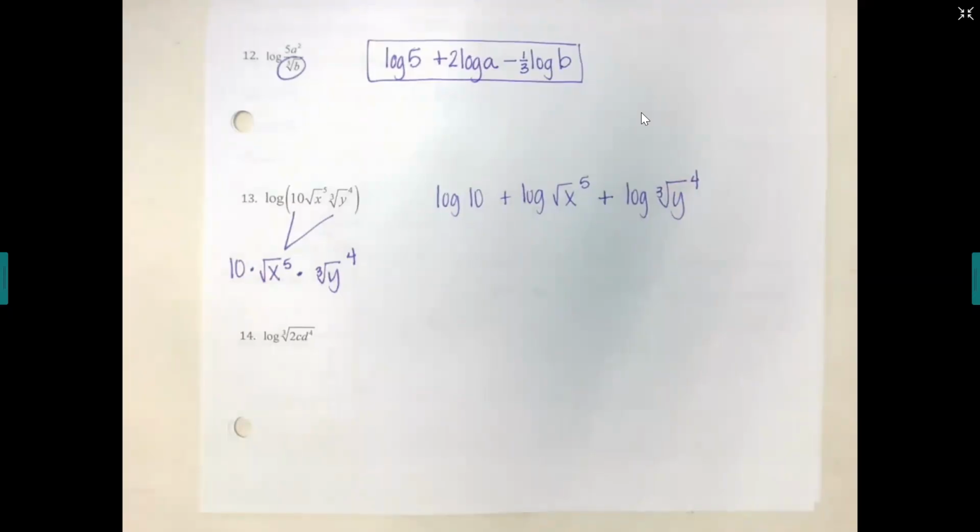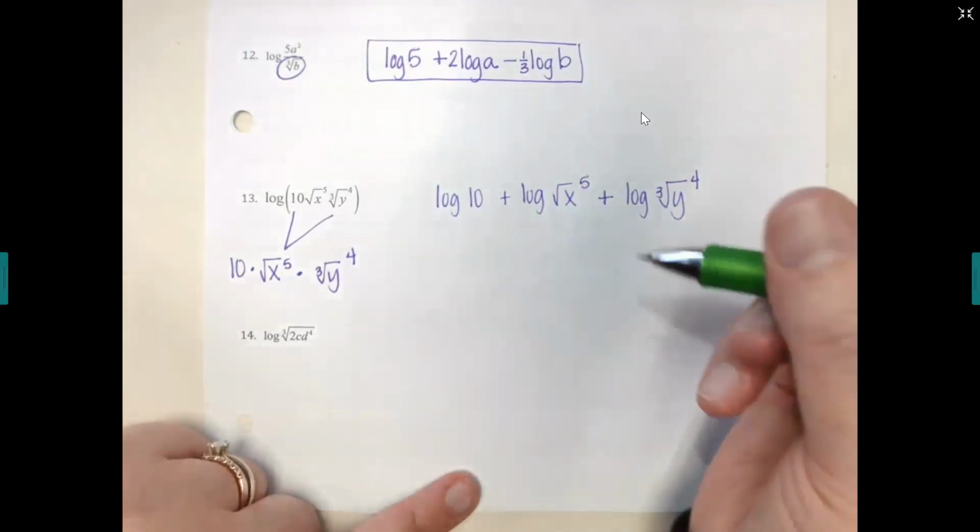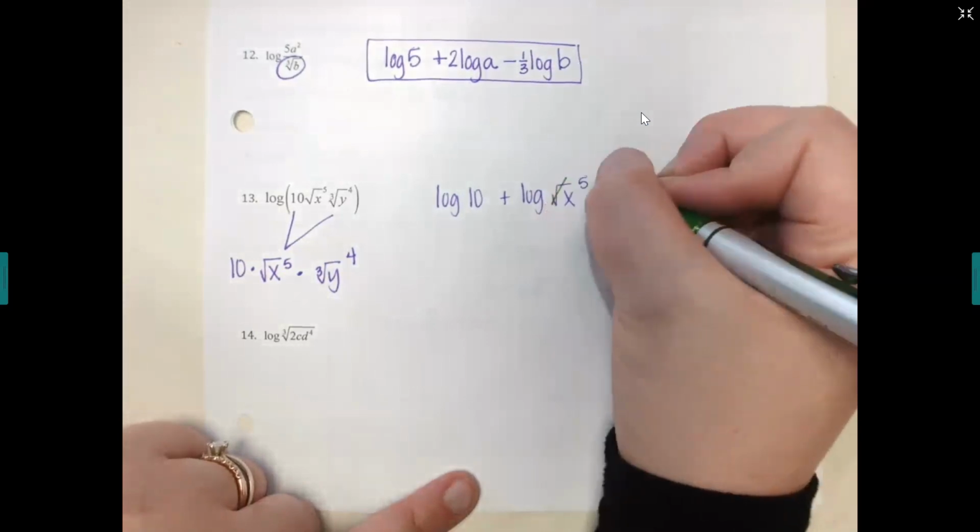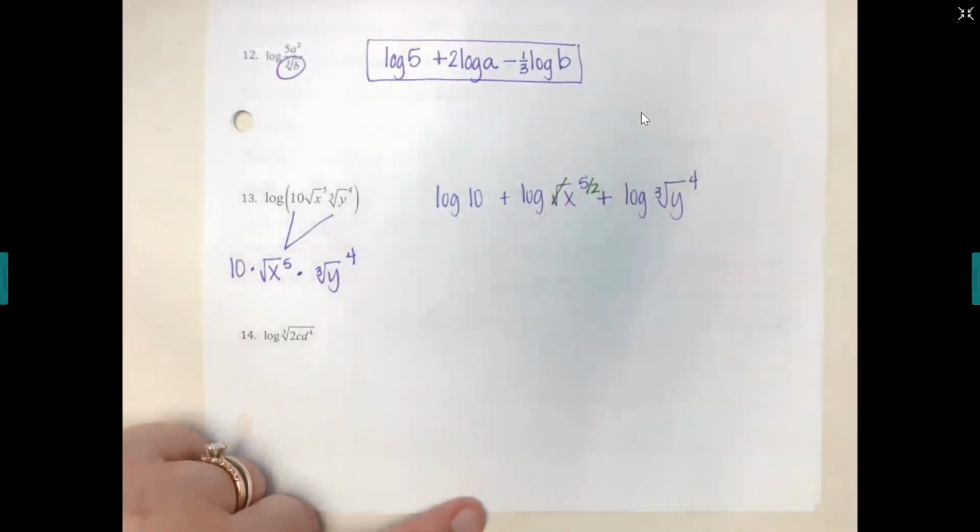Okay, then if you already have a power here, right? So my x, it already has a 5 up top. What is a square root the same as? A 1/2, then I'm just going to half the 5. So it's going to look like this. Cross your square root out. I know that a square root is really a half, so I'm going to cut the 5 in half. Same thing for the other one.